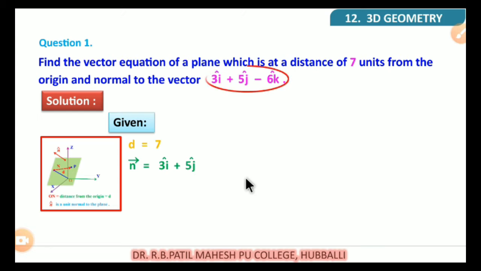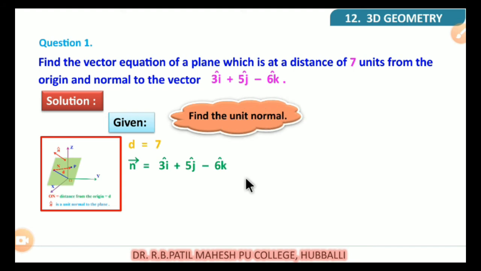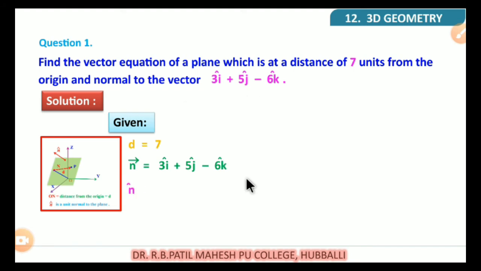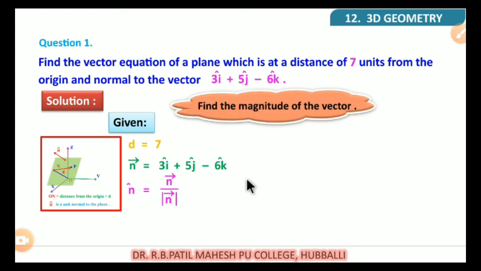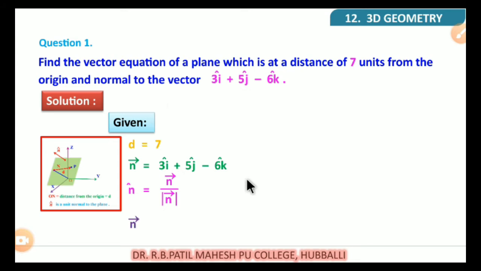But to find the vector equation of a plane, we need to find a unit normal, that is n cap. So this will be equal to vector n divided by magnitude of n vector. Let us find the magnitude of the vector.